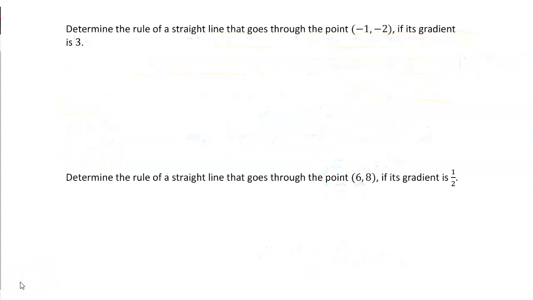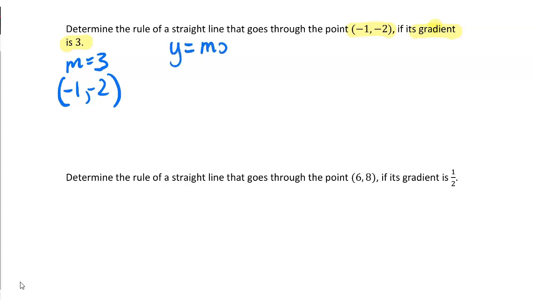Determine the rule of a straight line that goes through the point -1, -2 if its gradient is 3. So we know the gradient is equal to 3 and we know the point it goes through. Our general form is y equals mx plus c. I know m is 3, so 3x plus c.